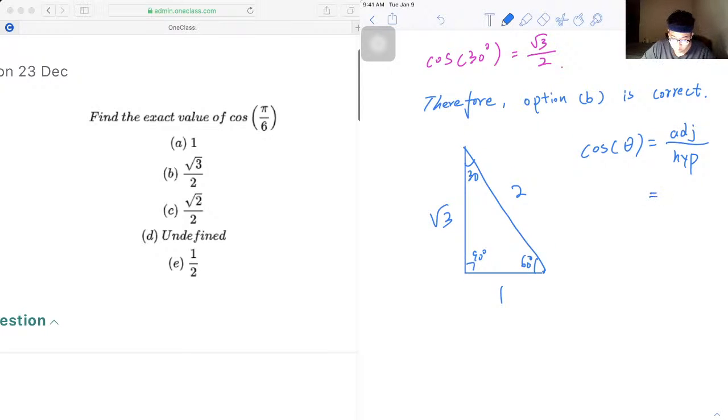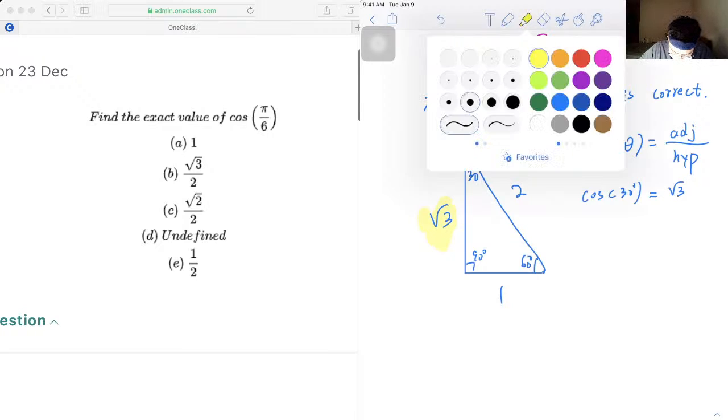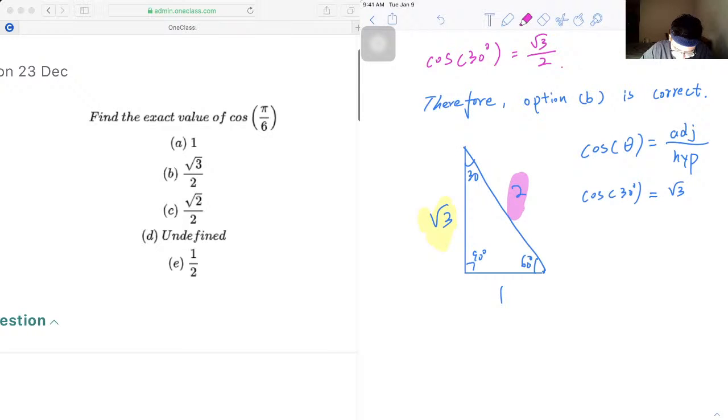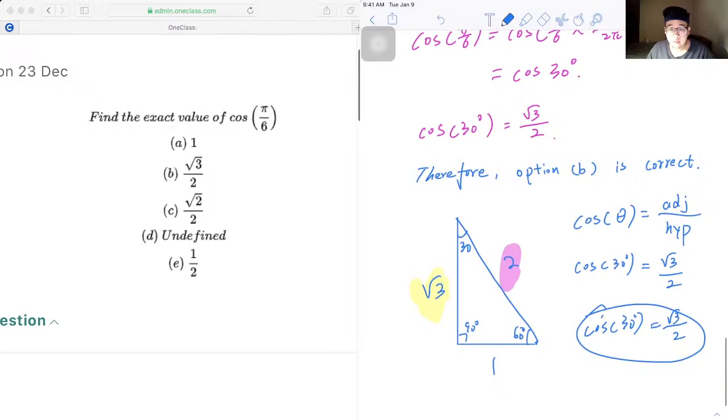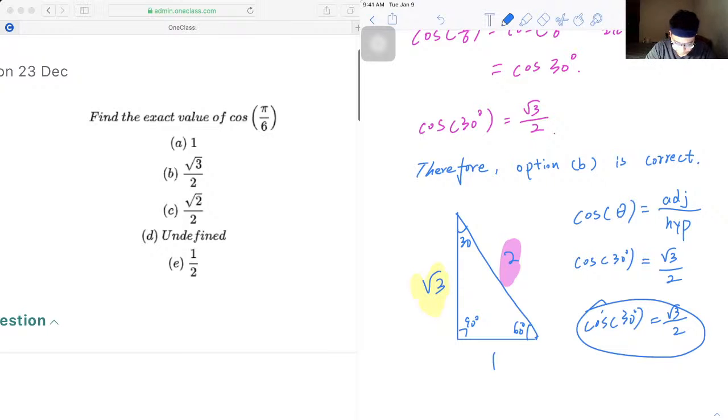So in our case, the adjacent side of cosine 30 would be root 3, which is right here, and the hypotenuse will be the longest side, which is 2. Therefore, we have cosine 30 as root 3 over 2. So that will be our answer.